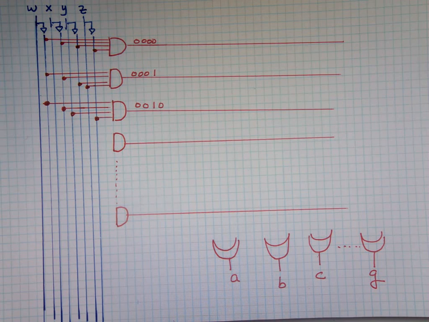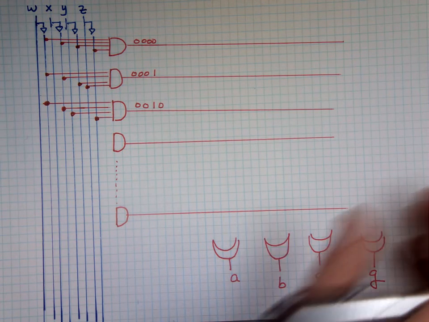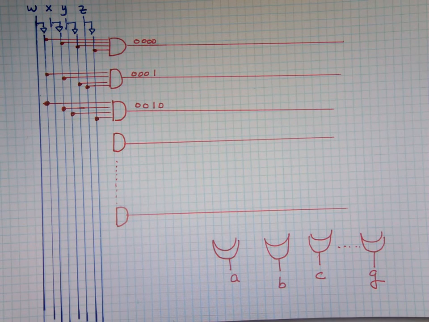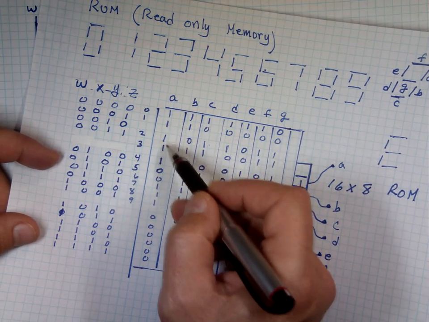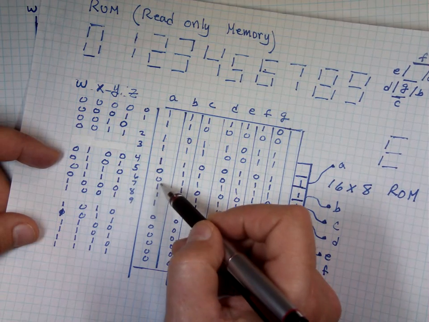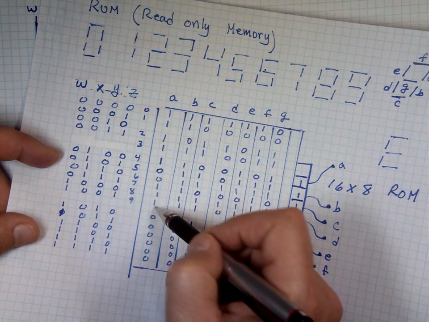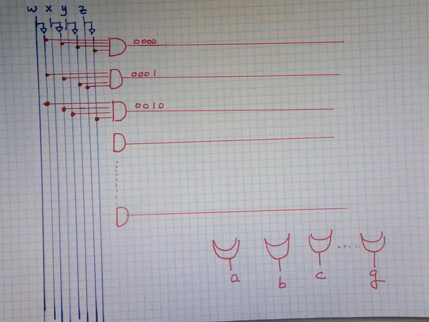You want A to be on when what? Where's A? At 0, 1, 2, 3, 4, 7, 8, 9. So you attach this to it.